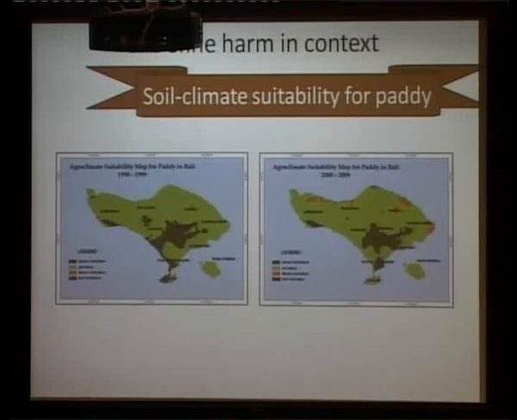Okay, then we check the soil suitability of paddy. This implies how climate and the soil is suitable for the paddy production in Bali. From your side, the left is between 1990 and 1999, and the other one is this century.